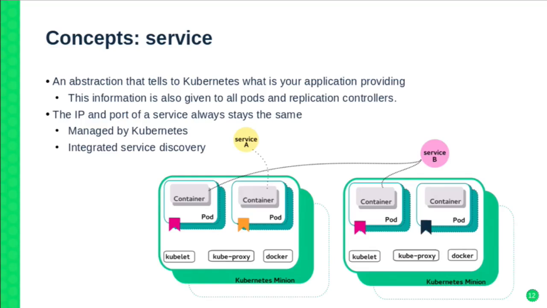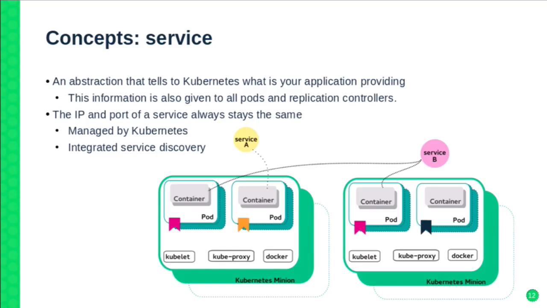So what is a service? The main idea is that pods come and go. They have a very volatile life cycle, because you can scale up your application, that is creating new pods, or you can scale down, so actually killing pods, or you can move pods around. The idea of service is that even if pods come and go, services don't.